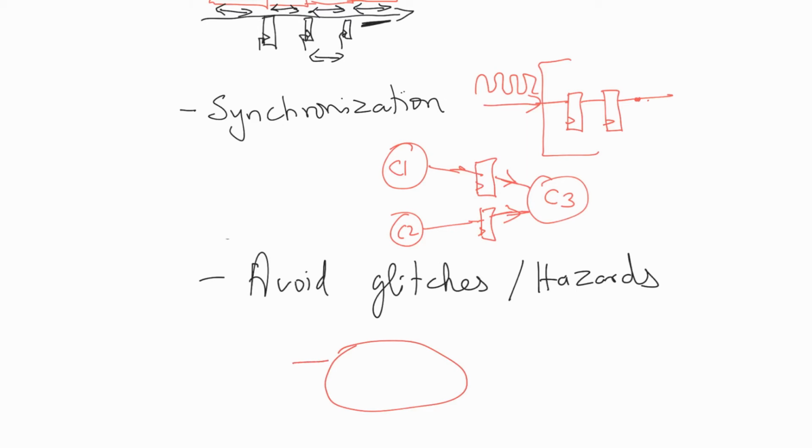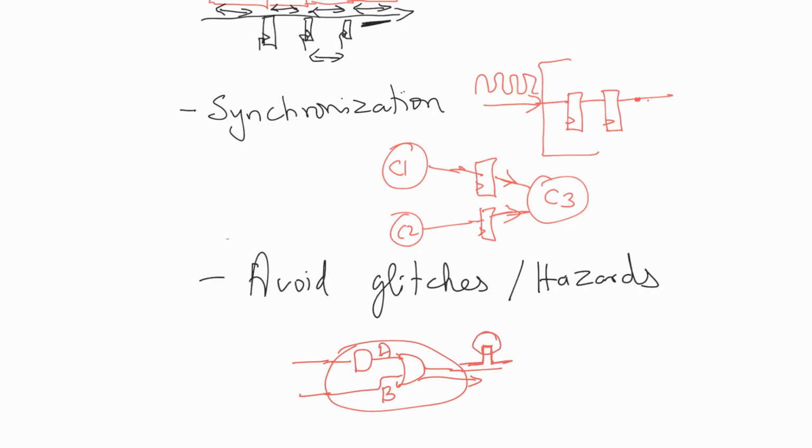Say, for example, you have two different paths, path A and path B. Path B might reach the output faster, and since it reaches faster, it might give a temporary change in value at the output.